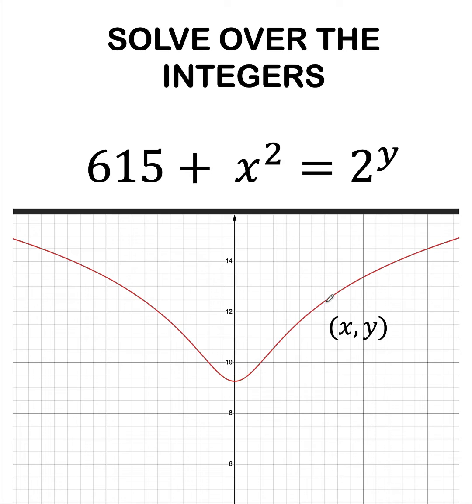For example, let's say this point satisfies the condition that both x and y are integers. Because the graph is symmetric with respect to the y-axis, there is another point, (negative x, y), here that can satisfy this Diophantine equation. And if there's another one here, there must be another counterpart at the other side. And so we can expect an even number of solutions in that case.